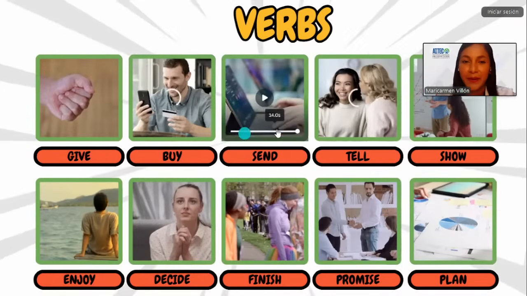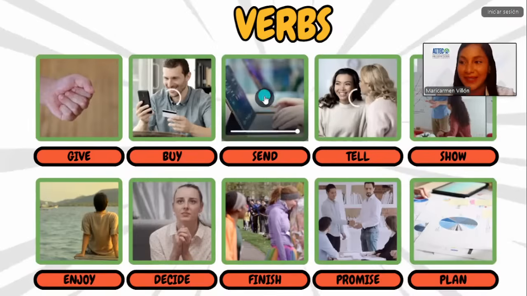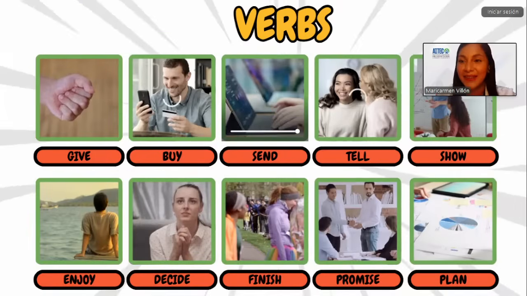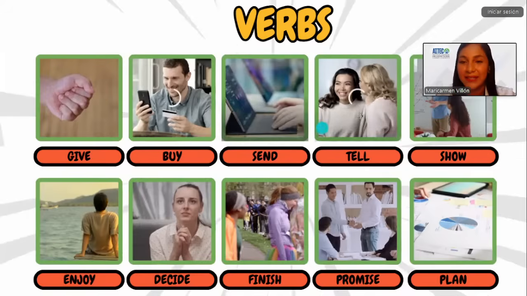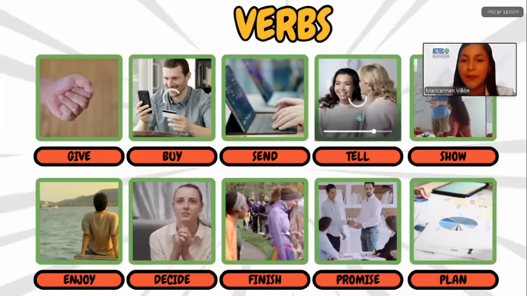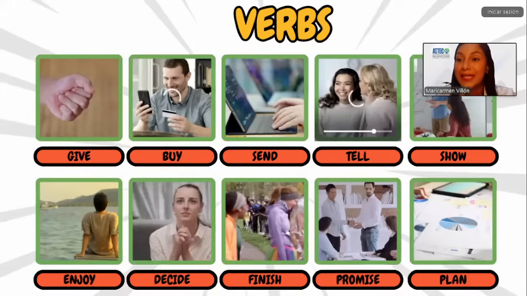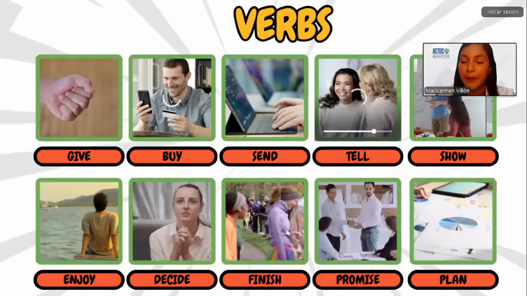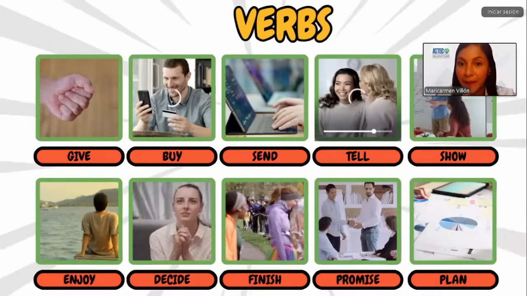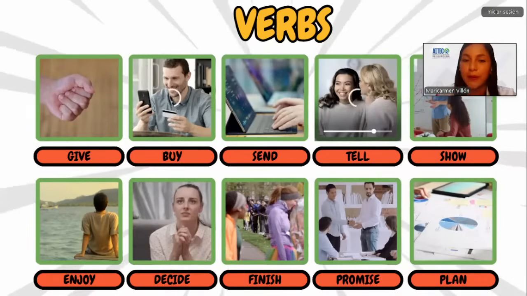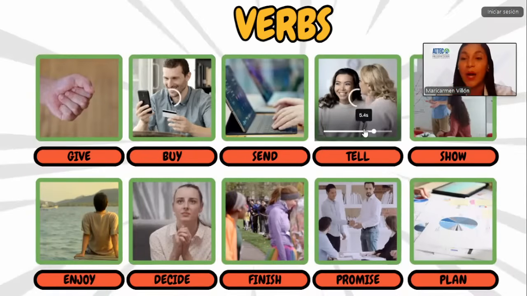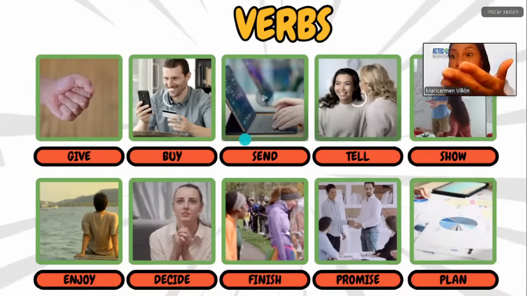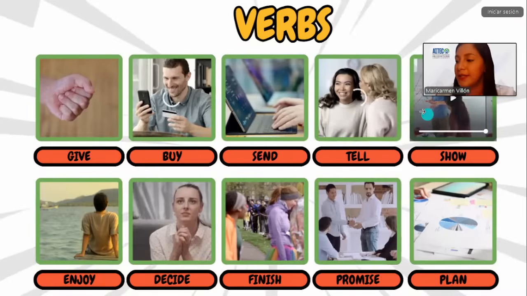Third, we got send. Send. Excellent. Let's take a look at number 4 now. Please listen. Tell. One more time. Tell. Send. Buy. When you buy something, you can do it online. Give. Okay, listen to number 5.